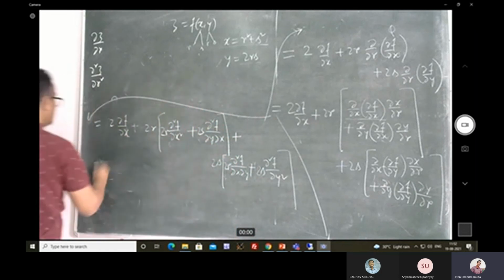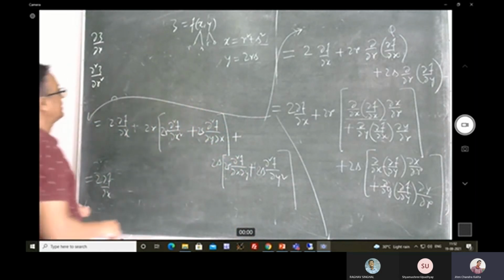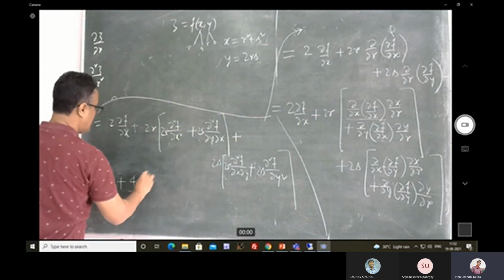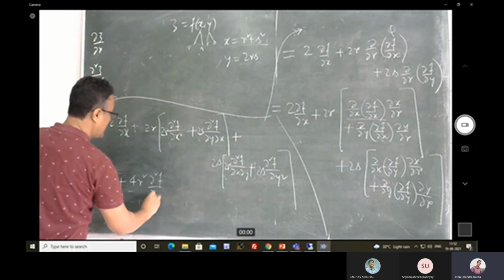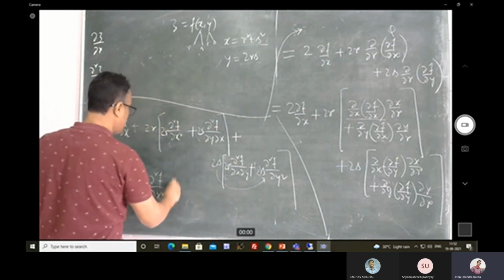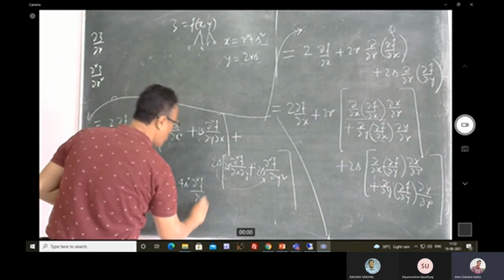Okay, fine. So now this is 2 del f del x. Then obviously this is going to give me plus 4r squared del 2 f del x 2, and similarly this is going to give me 4s squared del 2 f del y 2.